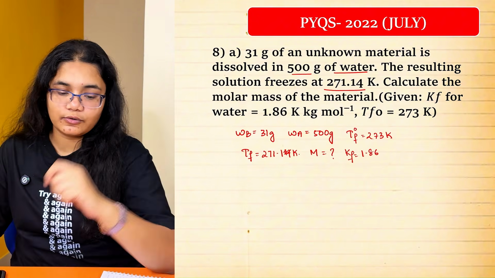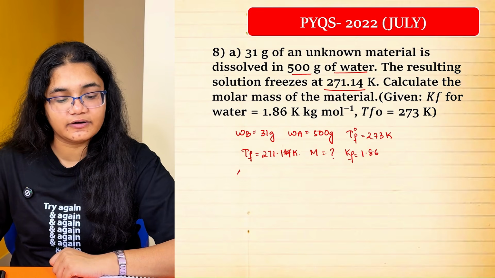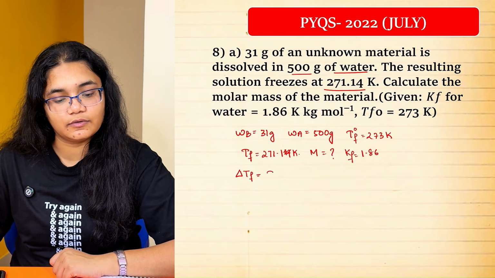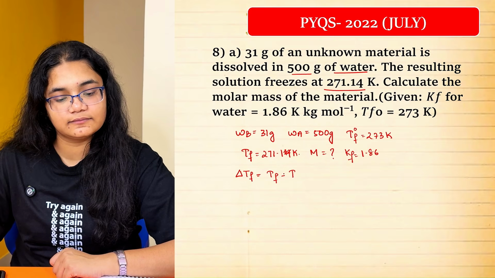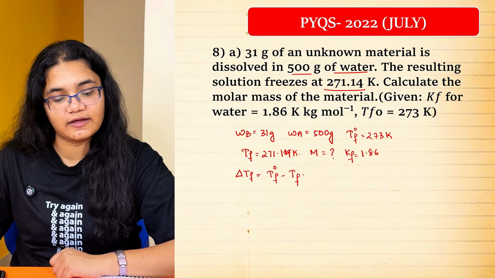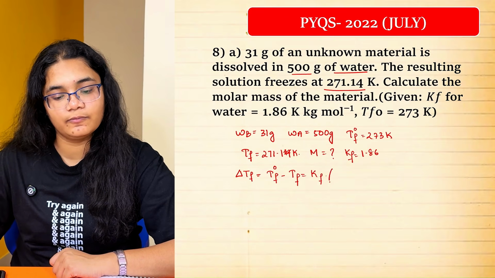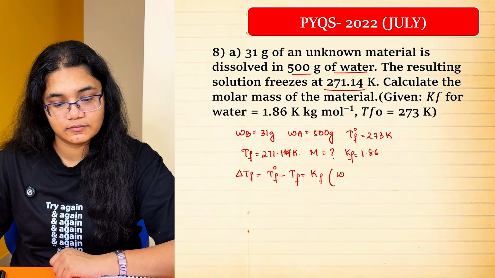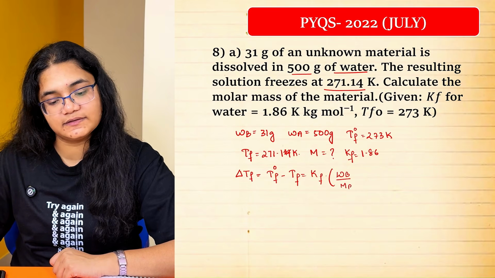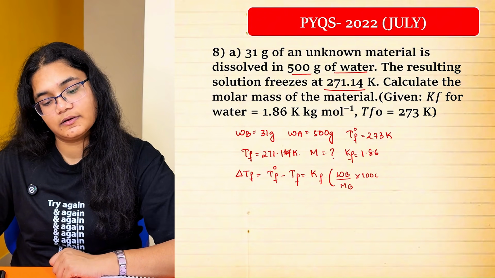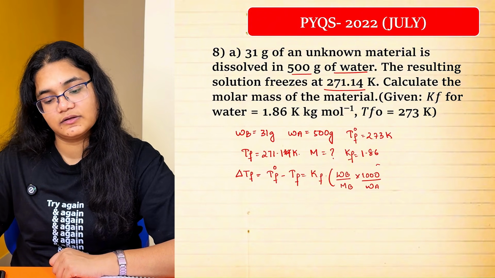Now how to calculate this? Delta Tf is equal to T naught F minus Tf, equal to Kf into given mass by molar mass into 1000 by mass of the solvent.